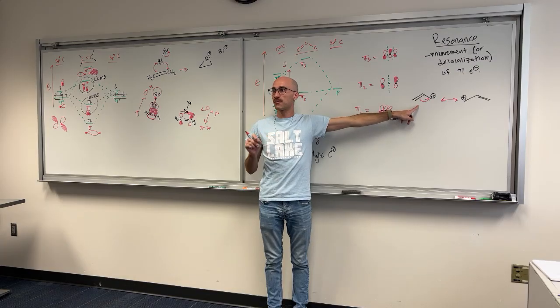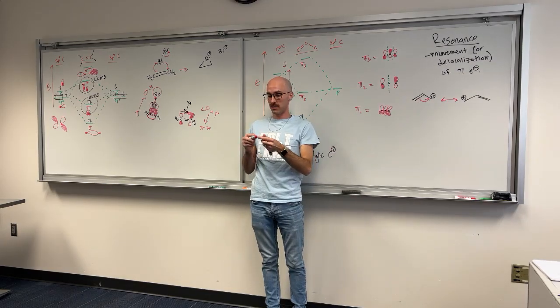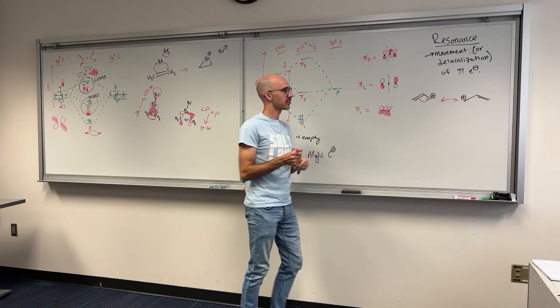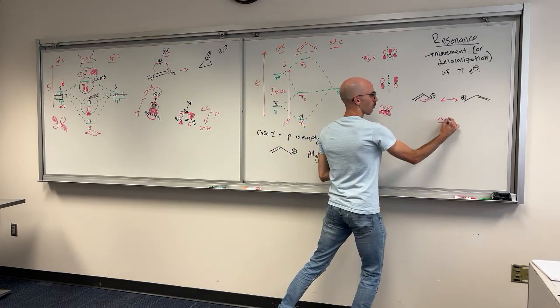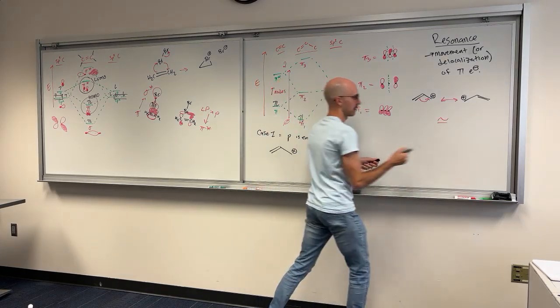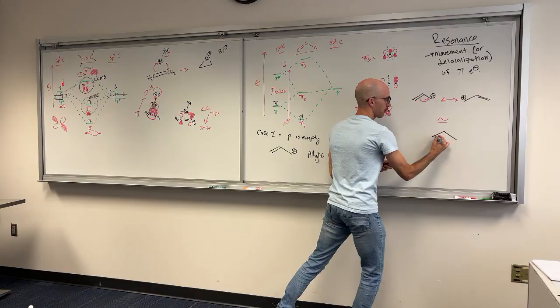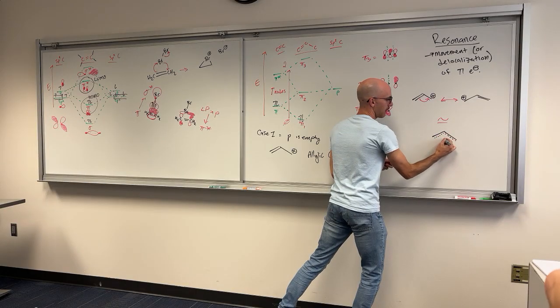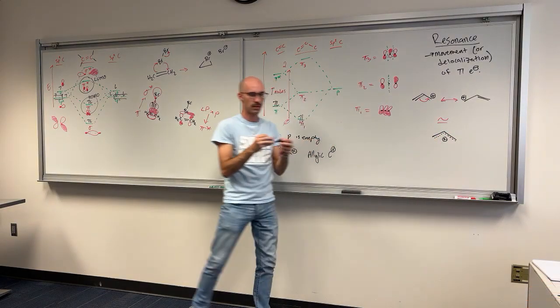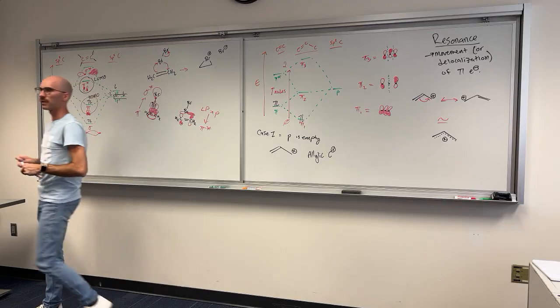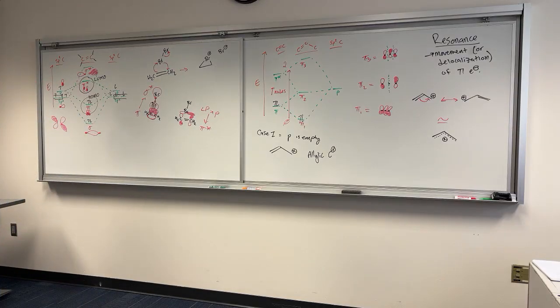But neither of these forms are truly accurate. And so we can say that this is roughly equivalent to this 3-bodied system having a partial double bond with a delocalized positive charge. That is the resonance hybrid on the bottom.